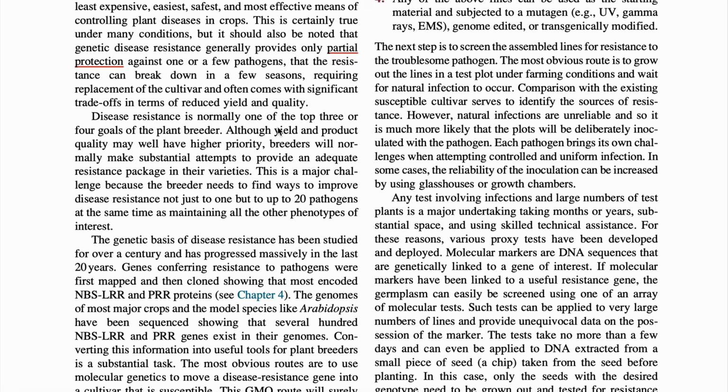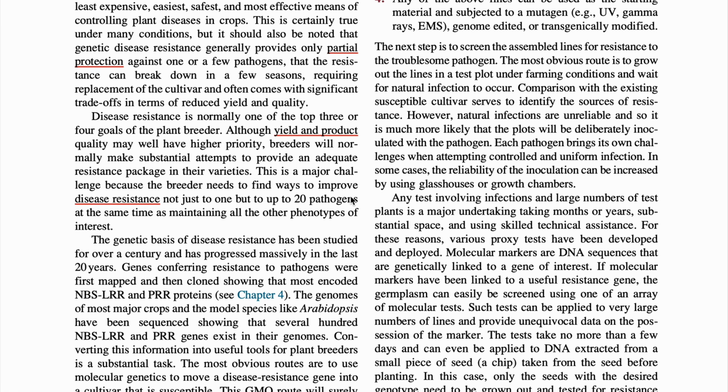Now their first priority is yield and product quality, because the yield and the product that come out of that crop are essential for commercial trade and sale. That is their top priority, but along with that they need to keep in mind how to find ways to improve disease resistance, and not just for 1 or 2 pathogens but up to 20 pathogens.